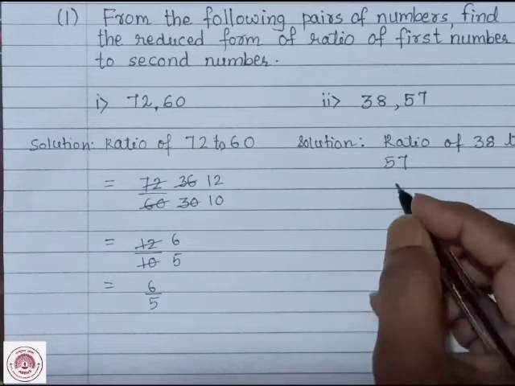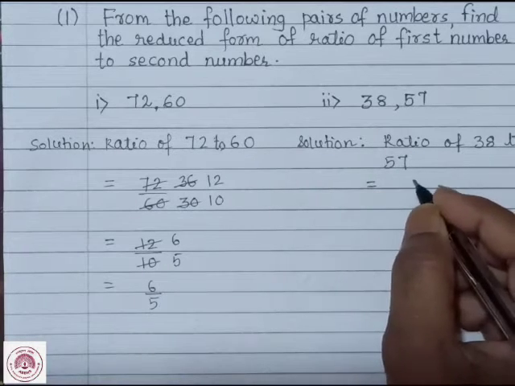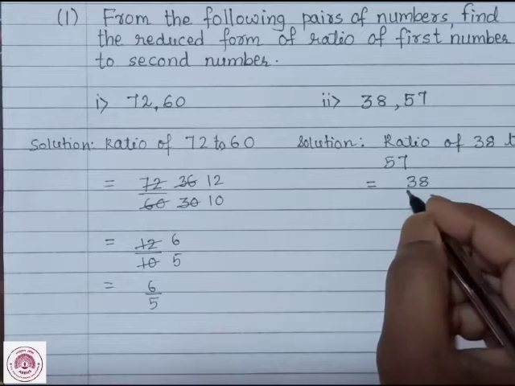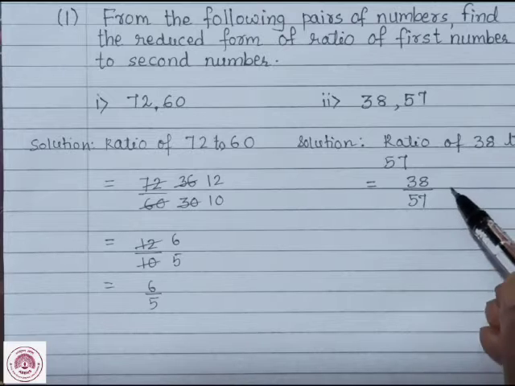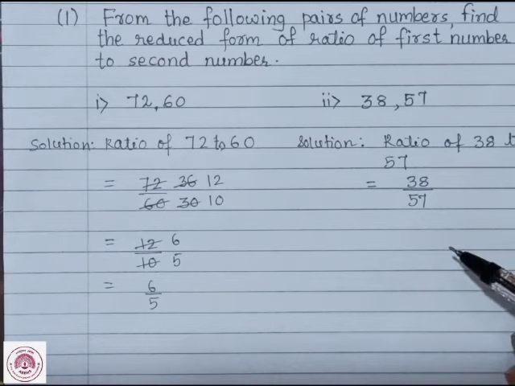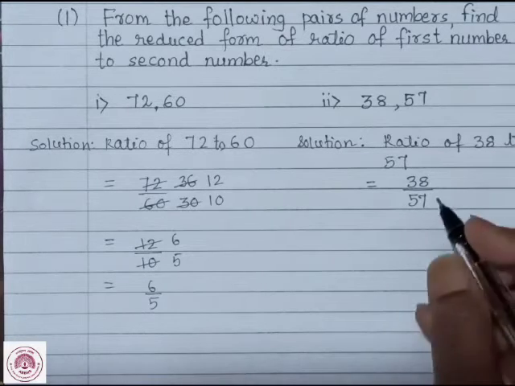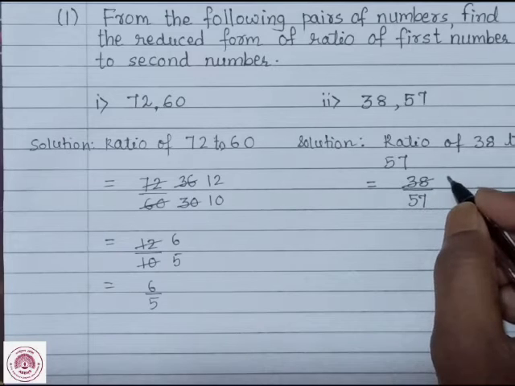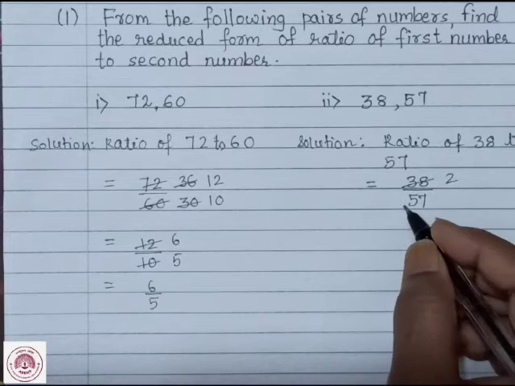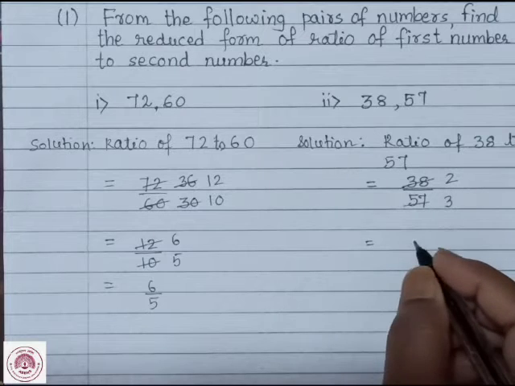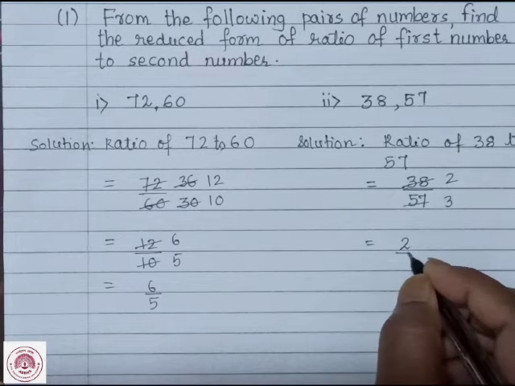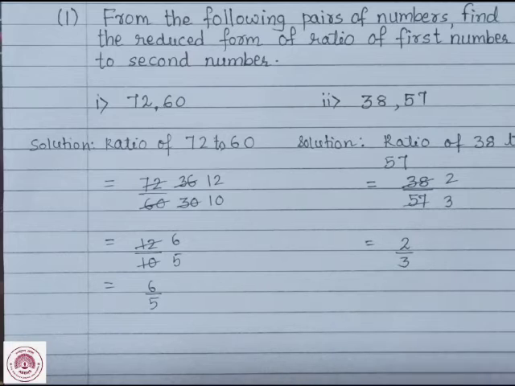So this is equal to 38 upon 57. Now we can divide both these numbers by 19. So 19 2 times is 38. 19 3 times is 57. So this is equal to 2 upon 3.